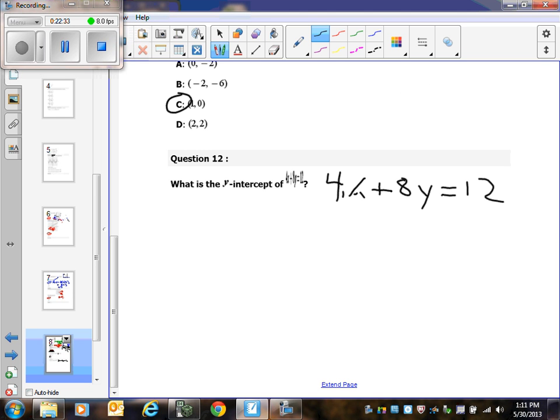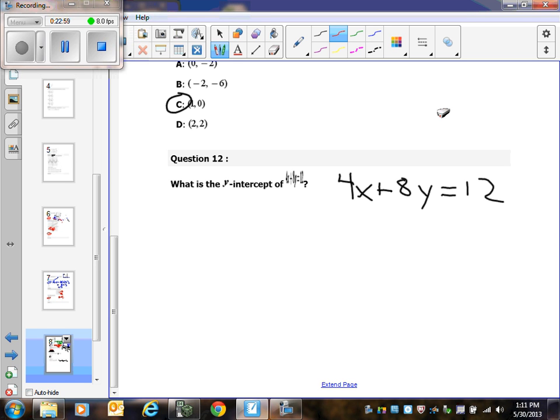Now, you have two ways of actually doing this particular question. One way is to get this equation into slope-intercept form in order to identify the y-intercept, or you can do it algebraically, which is, well, for our y-intercepts, our x-coordinate is 0, so you could plug 0 in for x. So let's do it both ways.